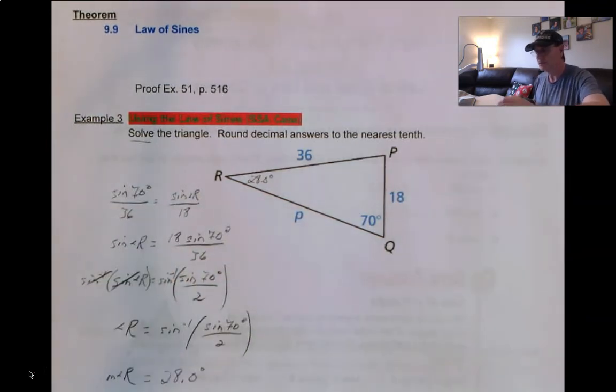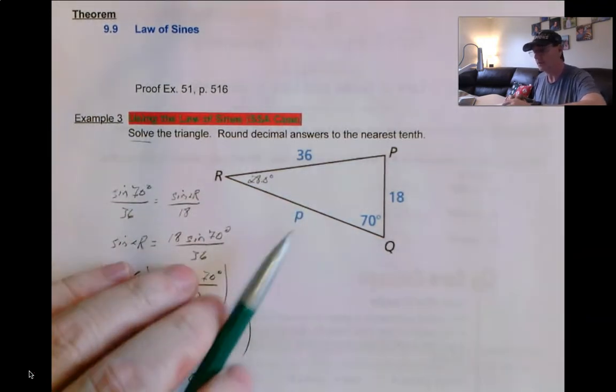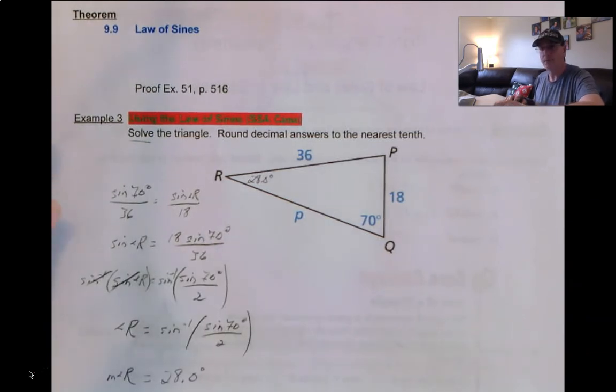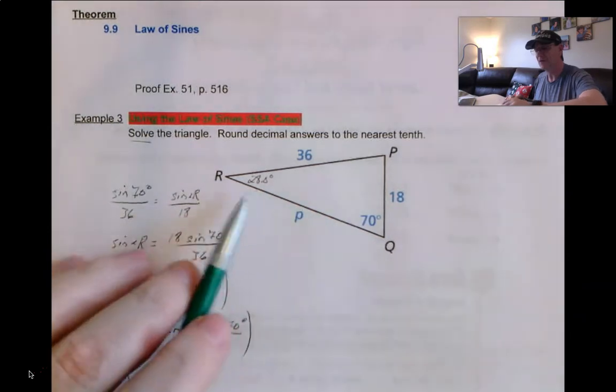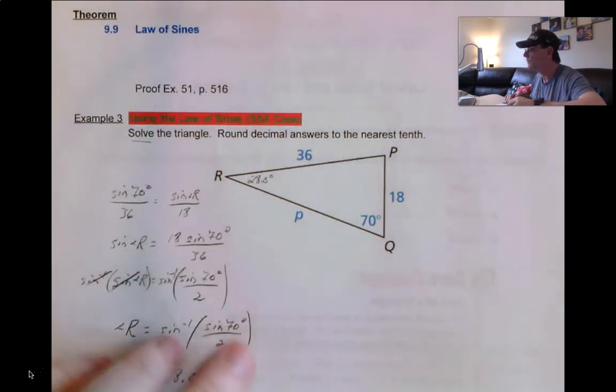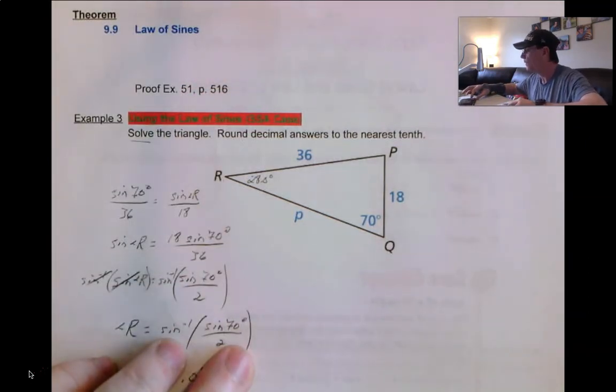Now, you might be saying, well, we don't know either of the P, so we can't set up a ratio to find angle P or to find side length P or RQ. But we can't forget that this is still a triangle, and all three angles still have to add up to 180 degrees. So triangle angle sum applies. 28 plus 70.